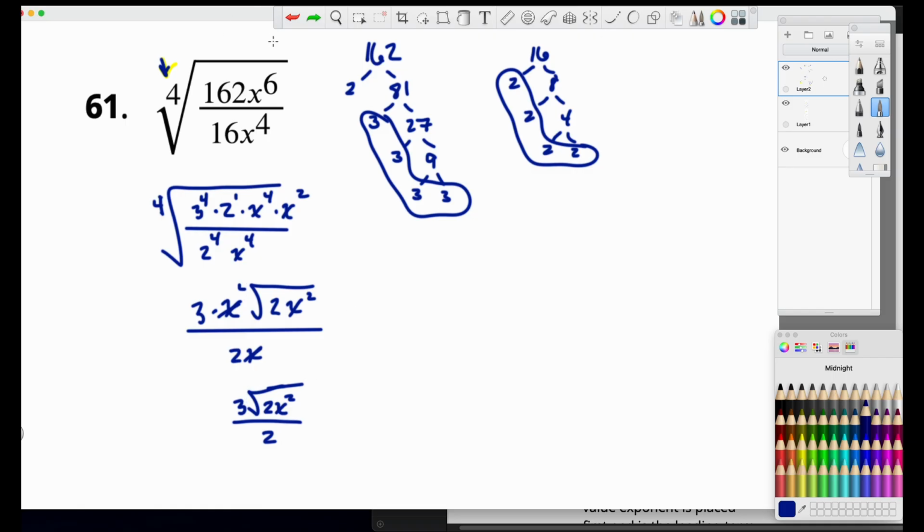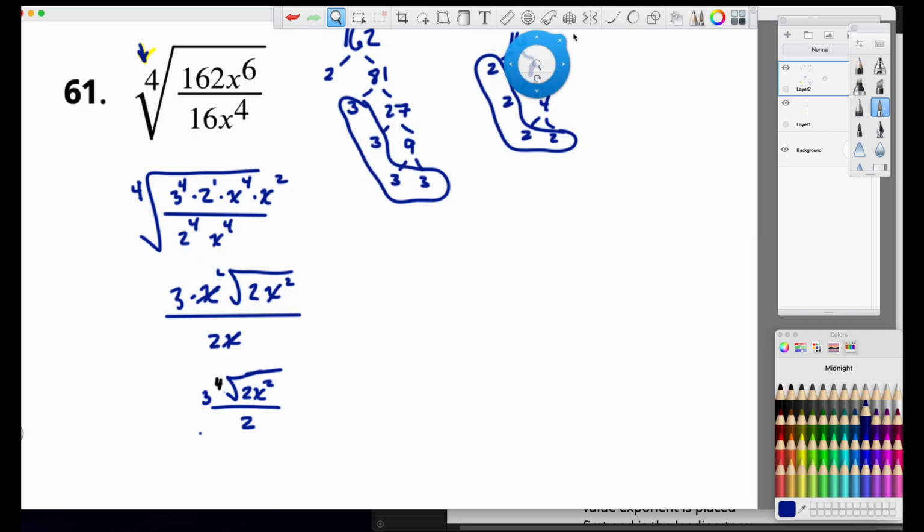So when we simplify this, you've got to make sure that this is still the 4th root, so there's a 4 still here on the index of the radical. And then this is still a 3 right here. Okay, and let's box in that answer.